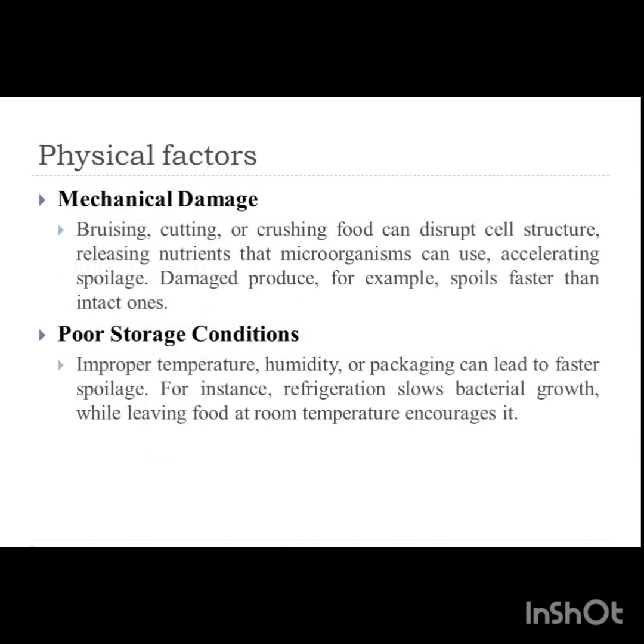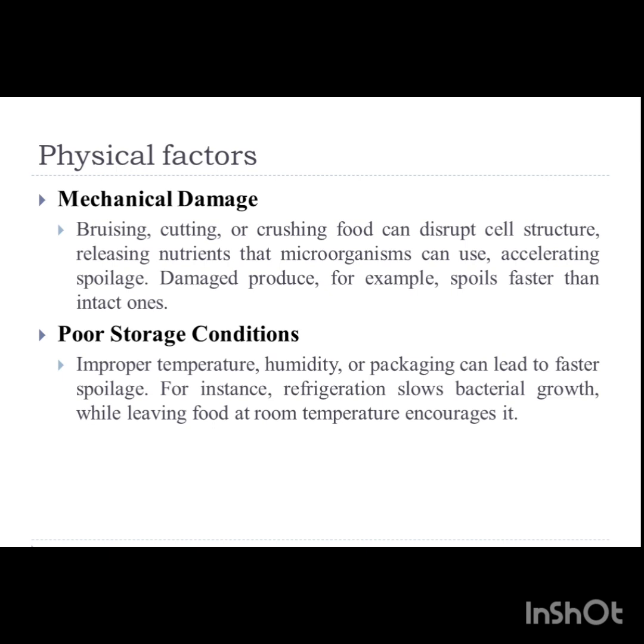Now next comes the physical factors, which will include the mechanical damage as well as the poor storage conditions. When we talk about mechanical damage, it means if we are cutting it, crushing it, or if any fruit item is dropping from the plant and it gets hampered with the soil, these are mechanical damage which may cause an entry point for the microorganisms and will cause food spoilage.